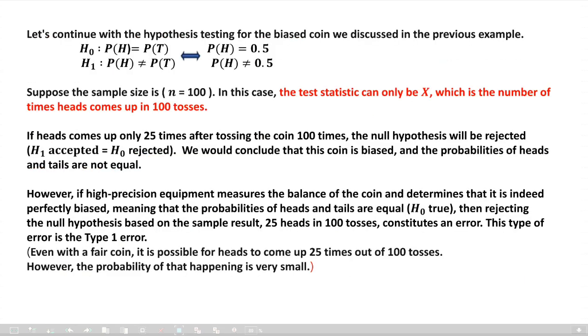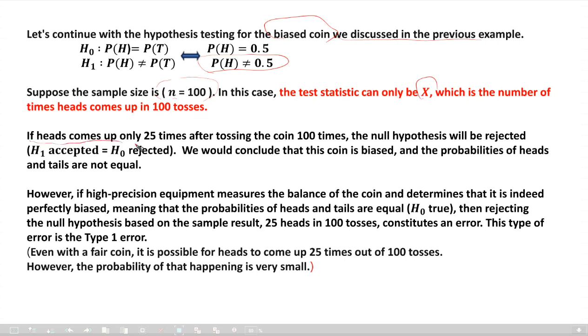All right, let's continue with the hypothesis testing for the biased coin. We discussed in the previous example, there is a biased coin and we want to test that the probability of heads is not equal to 0.5 because the coin is biased. Suppose the sample size is n equal to 100 tosses. The test statistic is x, the number of times heads comes up in 100 tosses.